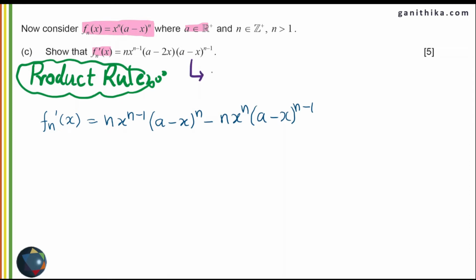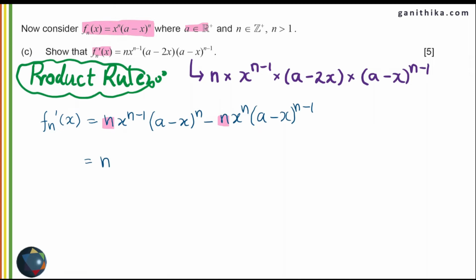But if you notice the question, the answer is in the form of a product of factors, but in your answer you still do not have a product of factors. Let's consider some common terms that can be taken out as factors. In this case, n and n are common, so you can take n as a common factor. And considering x to the power n minus 1 and x to the power n, you can see that x to the power n minus 1 is the common factor.